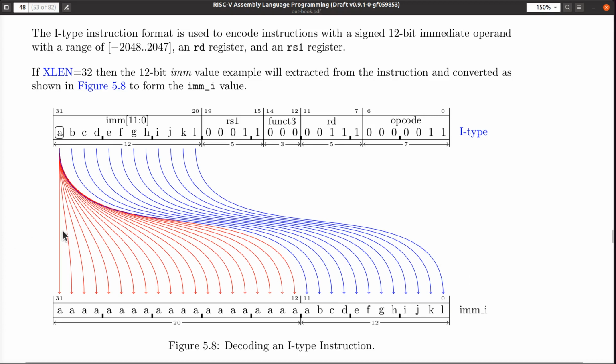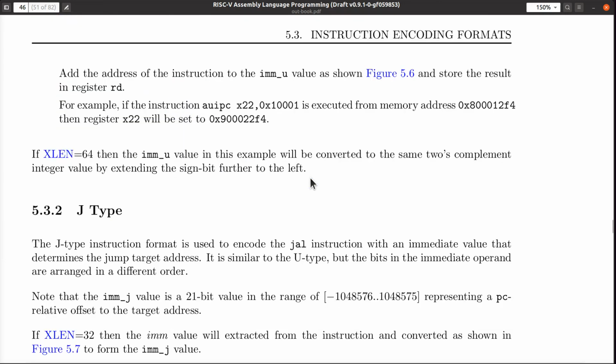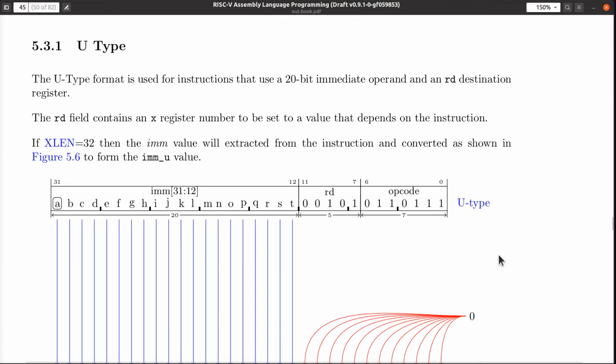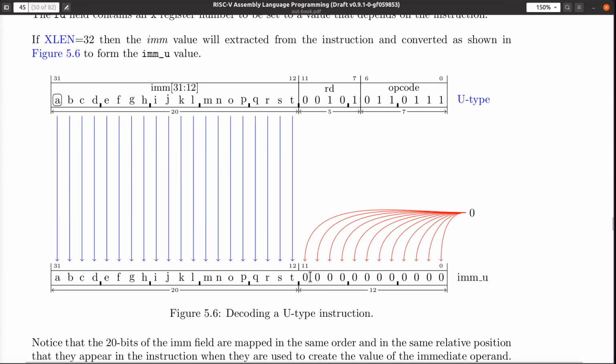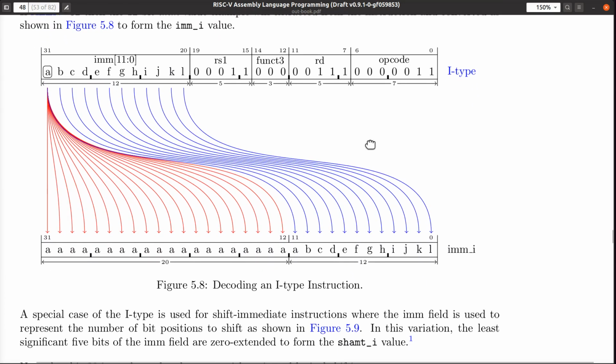Now, we don't put zeros in here like I showed up here with the LUI in the diagram. Where is it? Here it is. See this one here? I simply said, put zeros in here. Instead, what the I-type does is a sign extension. We've talked about that before. It replicates this bit here. That's why I put a little box around it, to say this bit means something different than the rest of these.